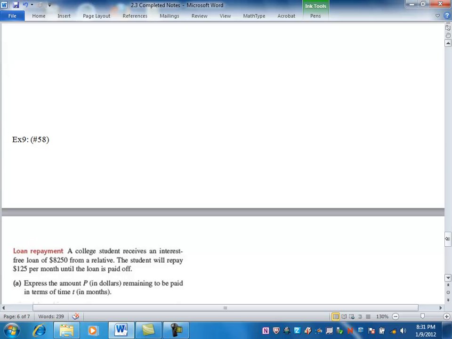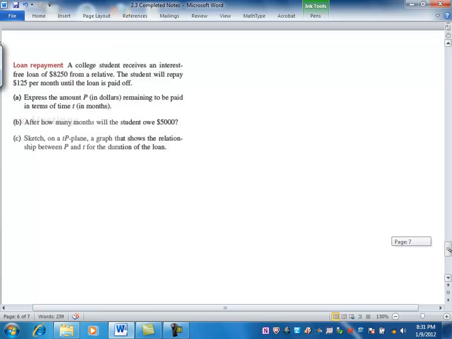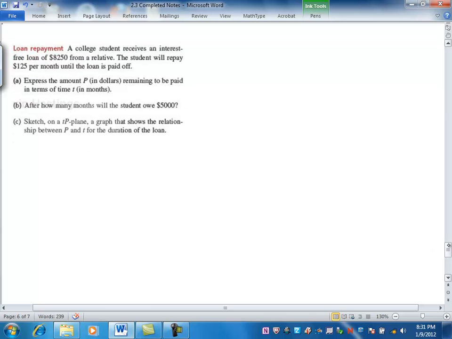Pardon me. And then finally, something that we're all familiar with. A college student receives an interest-free loan of $8,250 from a relative. Well, maybe we're not familiar with interest-free loans from relatives, but I'm sure we're familiar with a loan. The student will repay $125 a month until the loan is paid off.